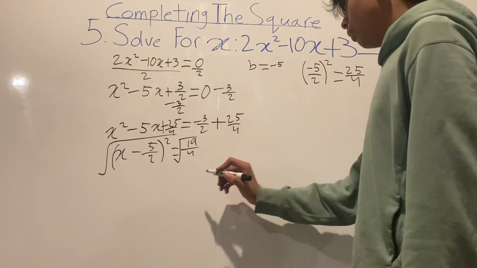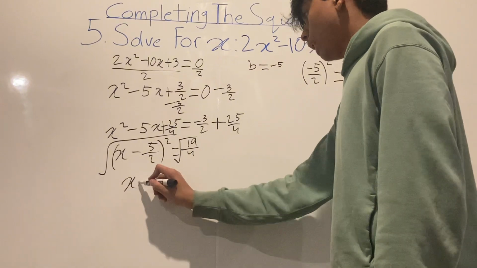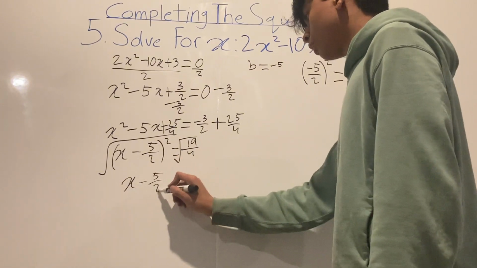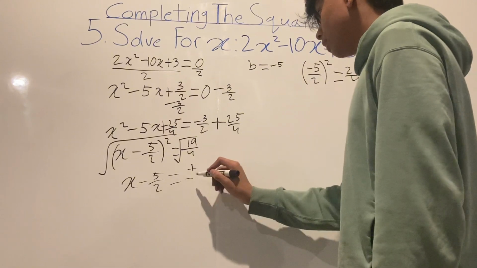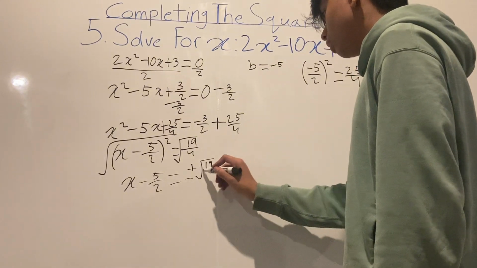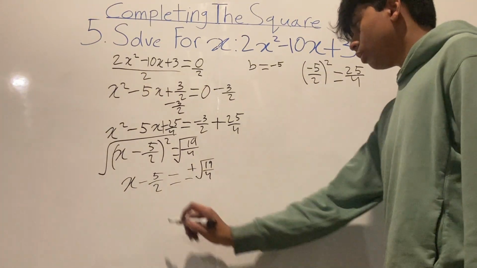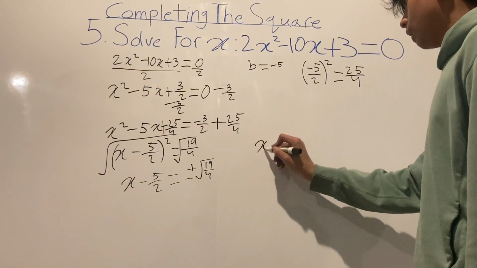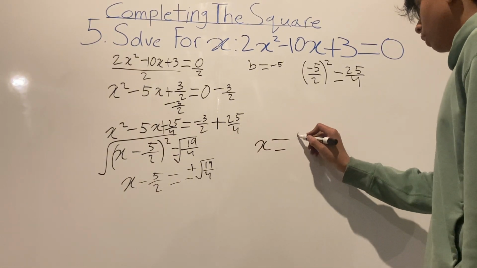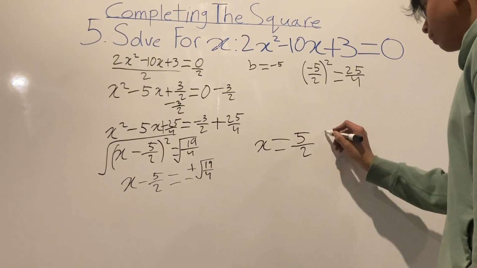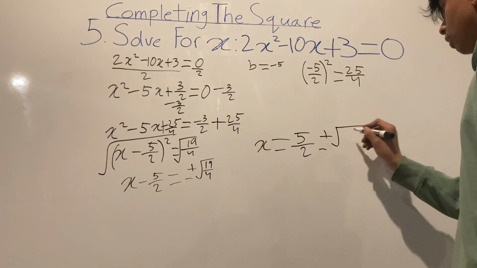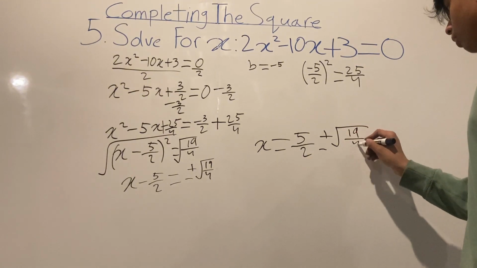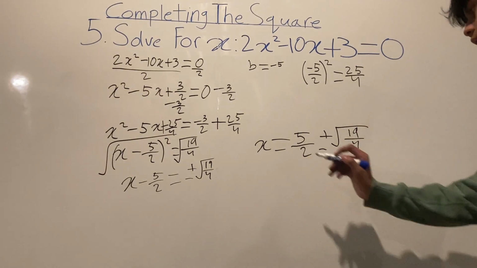And now we're going to have x minus 5 over 2 equal plus or minus square root 19 over 4. And now we can add this on both sides. So we have x equals 5 over 2 plus or minus 19 over 4. And that's our final answer.